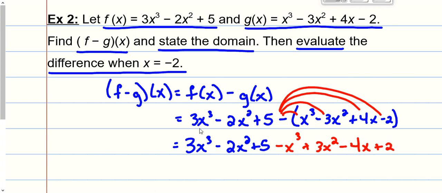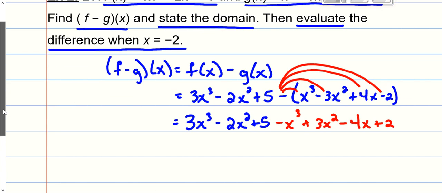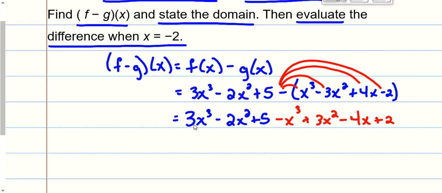Now we can go back and combine our like terms. So if I have 3x cubed and negative x cubed, that is going to give me 2x cubed. If I have negative 2x squared and positive 3x squared, that's going to give me a positive 1x squared, or just positive x squared.